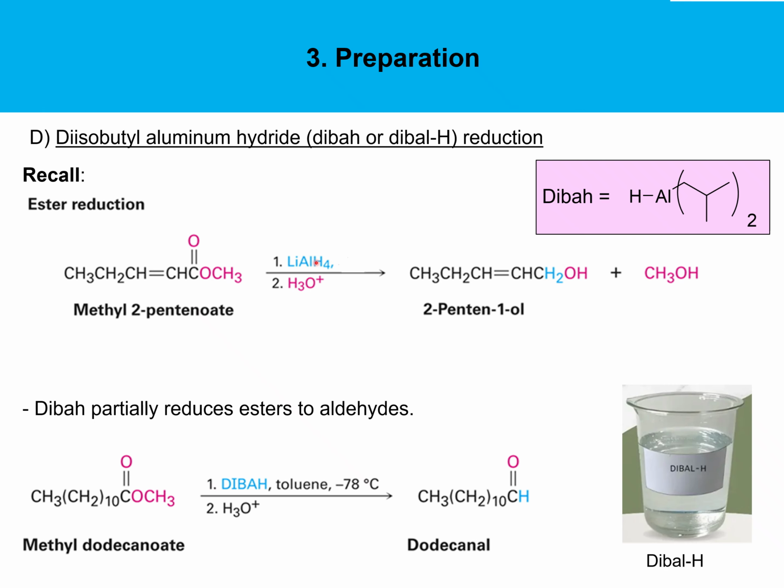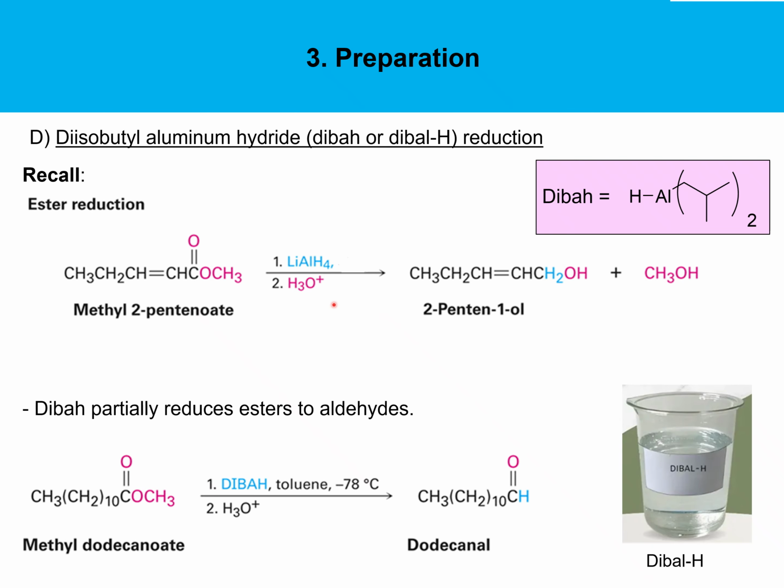Initially, the hydride will attack the carbonyl, and then once the carbonyl is reformed by expelling this OCH3, or the methoxy group, we end up with an aldehyde intermediate. That aldehyde intermediate is reduced again with lithium aluminum hydride into this primary alcohol.